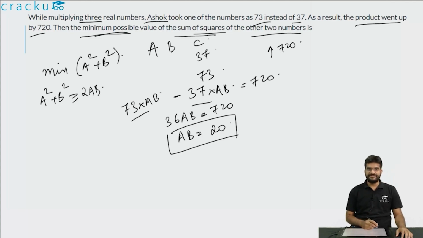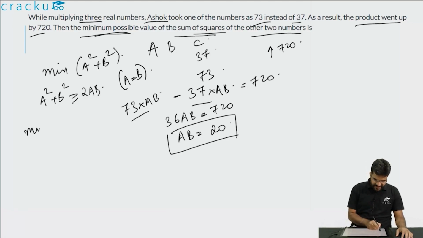This is a simple application of arithmetic mean greater than or equal to geometric mean, and the equality will occur when a is equal to b. If a is equal to b, only then a square plus b square will equal 2ab, which actually equals 2a square. So in this case, we know that the minimum value of a square plus b square, which is the sum of the squares, is equal to 2 into ab. The value of ab is 20, which is equal to 40.